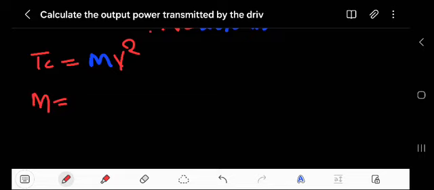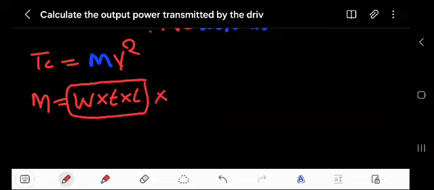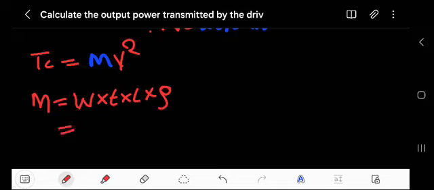The volume is area, which is width multiplied by thickness, then multiplied by L. Then we multiply this by density to get our mass. The length, I said always take it as 1 per meter.